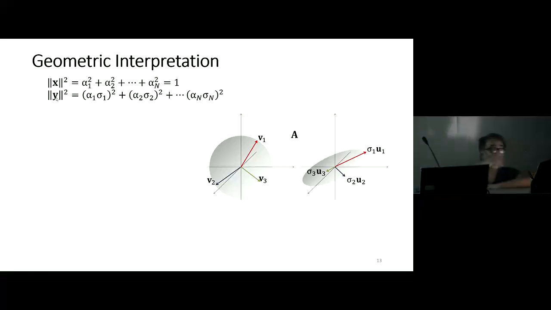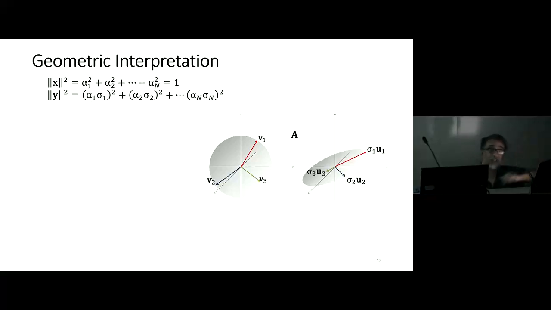What would be the length of Y? All these terms will vanish. All the alphas except alpha 1 are 0, so it would be alpha 1 sigma 1. Alpha 1 is 1, so it would be sigma 1, right? The L2 norm of Y, I'm showing L2 norm squared, would be sigma 1 squared then. So the amount by which the unit vector would be stretched would be sigma 1.